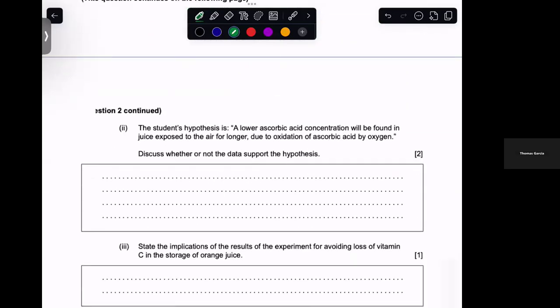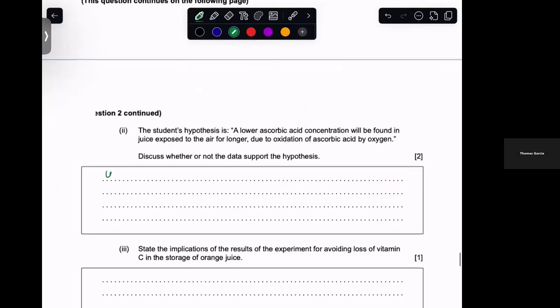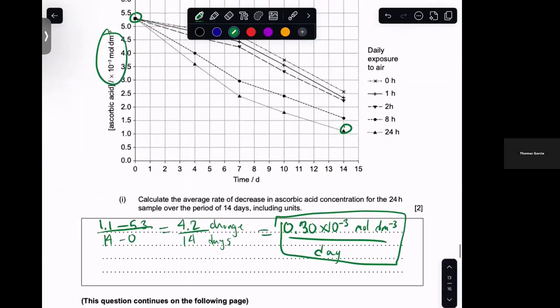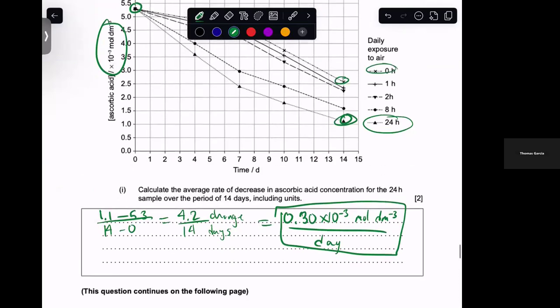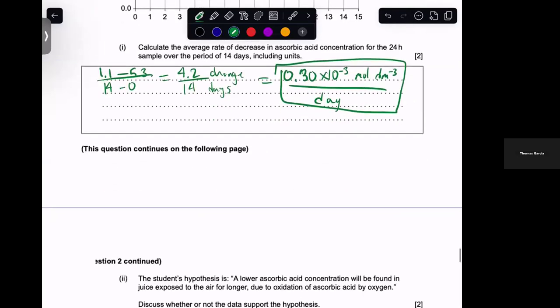Student's hypothesis is a lower ascorbic acid concentration will be found in the juice exposed to the air for longer due to oxidation of ascorbic acid by oxygen. Discuss whether or not the data supported the hypothesis. It did. Yes, it supports. And then we have to say why. So we have to reference our data. Well, the 24-hour mark had the lowest ascorbic acid, the 0 mark had the highest ascorbic acid, and the others fell in between.